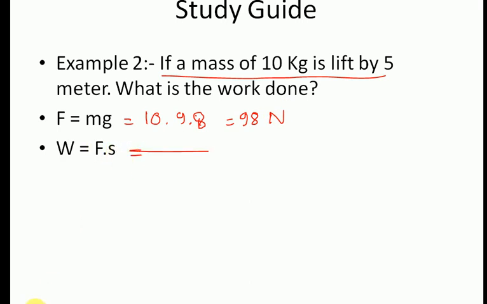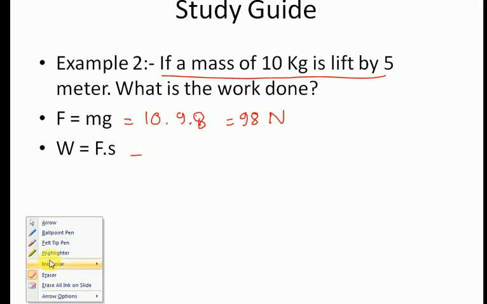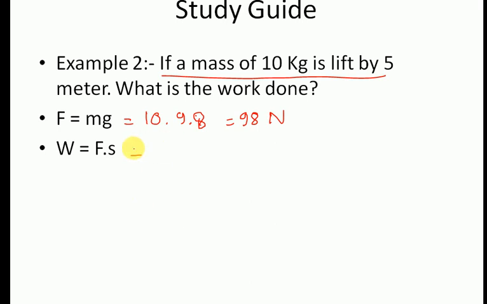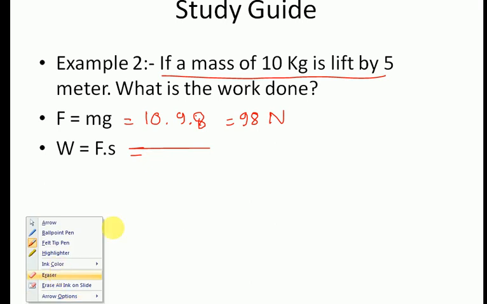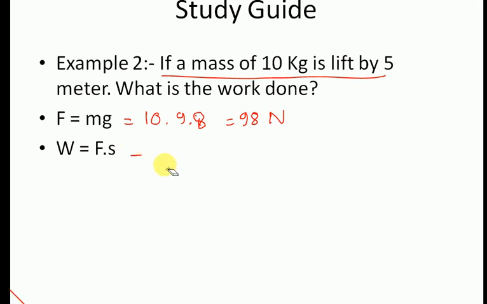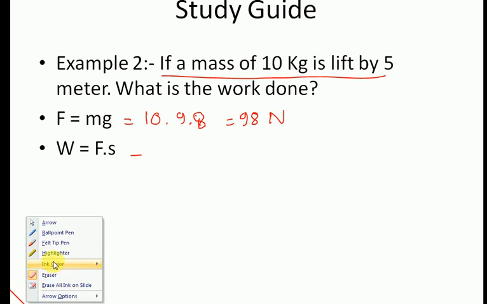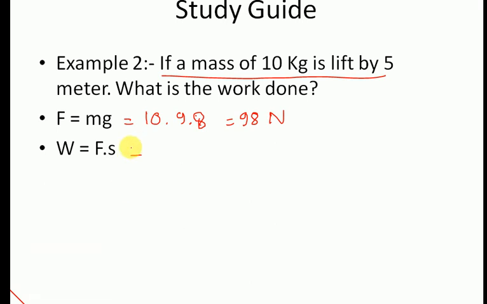Now what is the work done? Force into displacement. Force is 98, and displacement is 5. So 98 multiplied by 5.